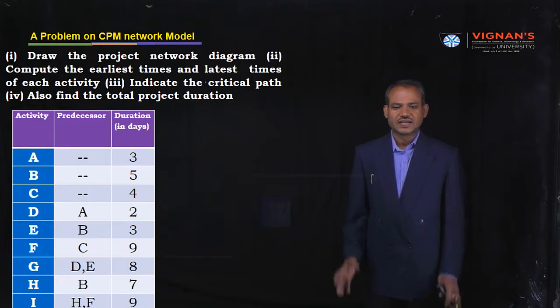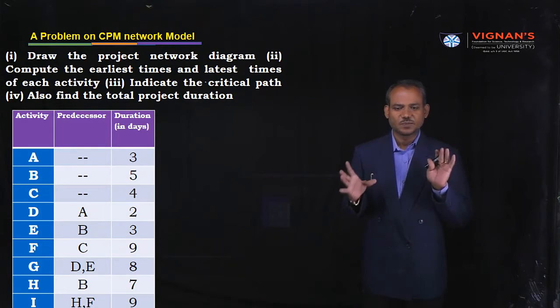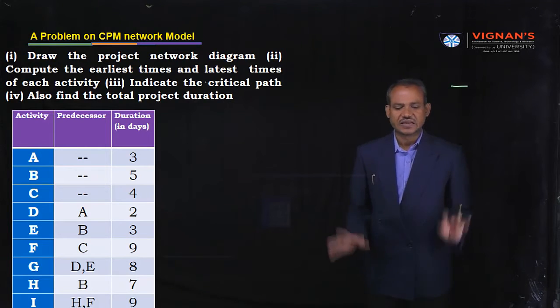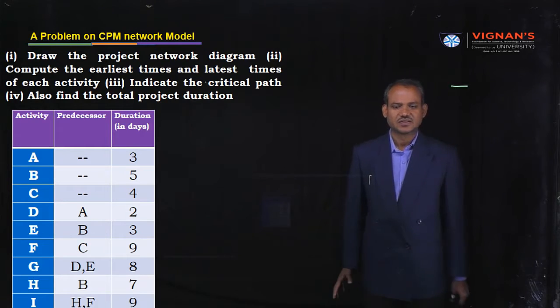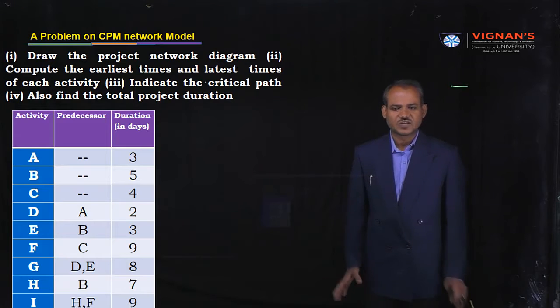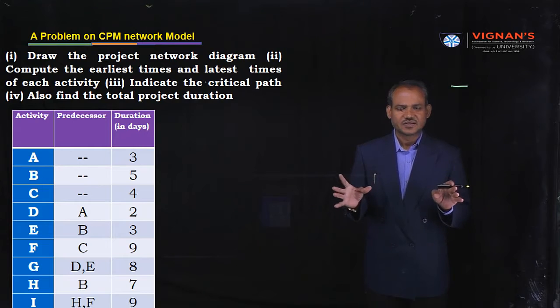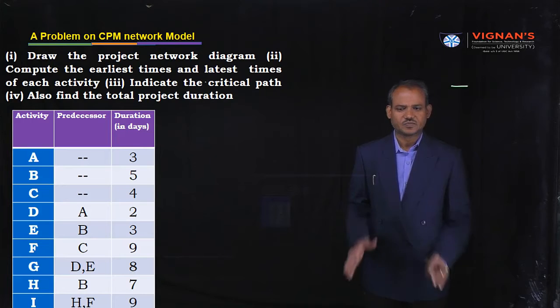For example, activity A. For activity A, there is no predecessor. Dash means none. No predecessor is available for activity A. Similarly, for activity B also none. Similarly, for activity C, none. That means all the three activities A, B, C start at one point of time.